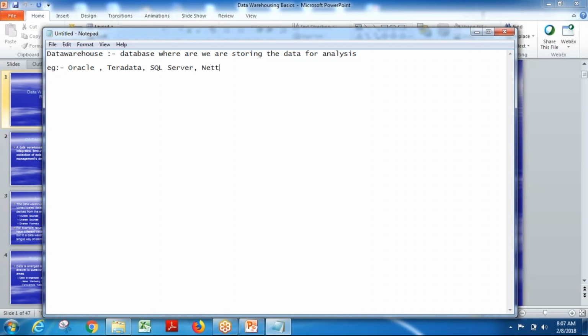And nowadays, MPP databases like Netezza, and since the cloud is taking off fast with AWS and all, most people have even started using Amazon Redshift, and likewise any database. Even MySQL, I can just take that as a data warehouse and start building my own data warehouse for an e-commerce platform or anything. So that's the fundamental thing.